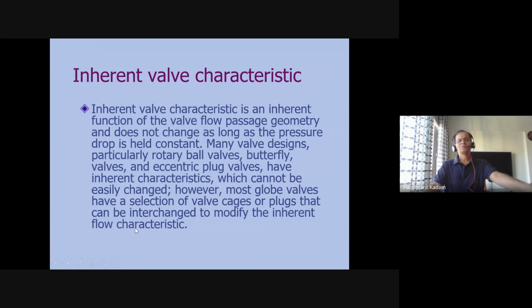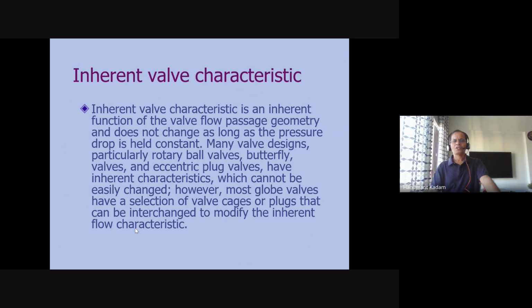Now we have a few terminologies, inherent valve characteristics, that we'll see. It is an inherent function of the valve flow passage geometry and does not change as long as the pressure drop is held constant.